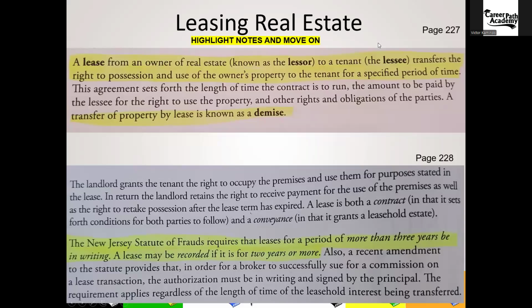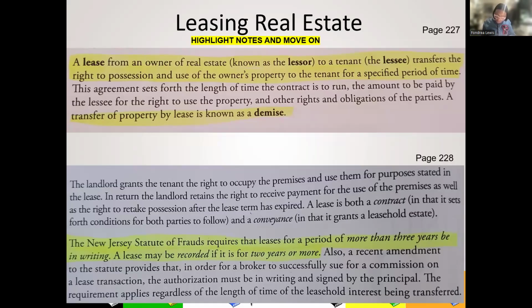So, let's do the highlights right now. This is page 227 and 228. A lease.